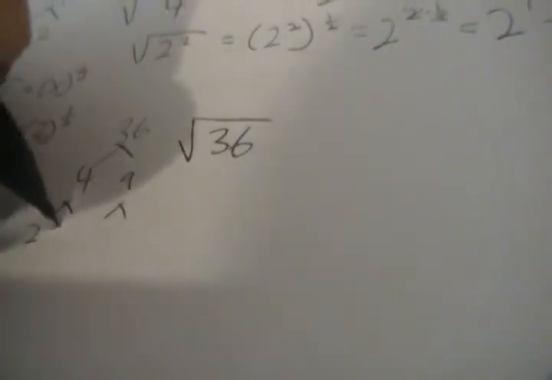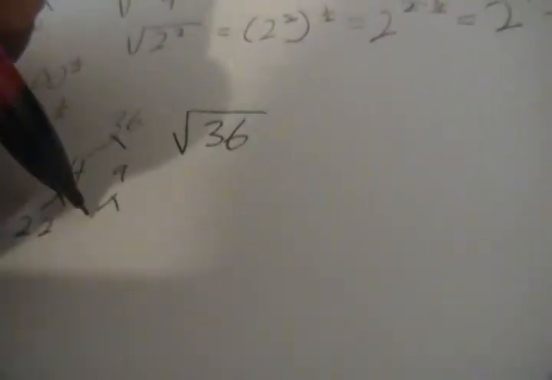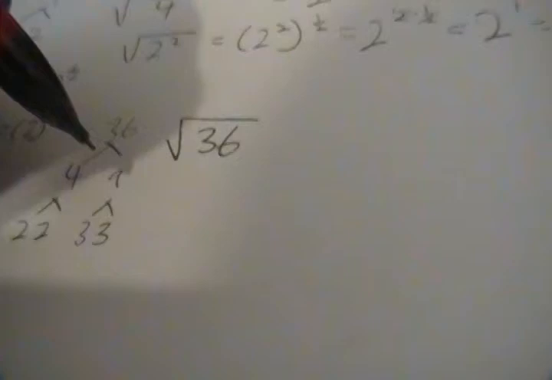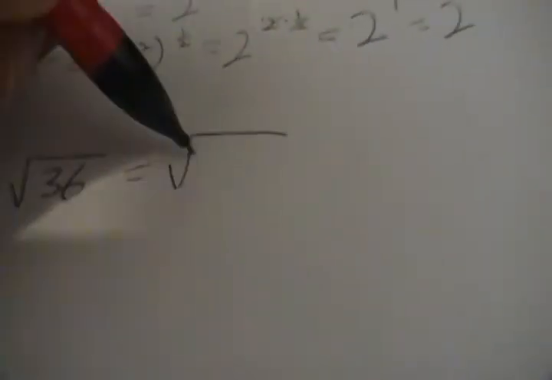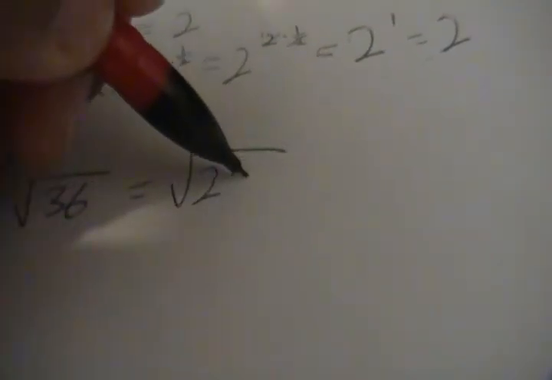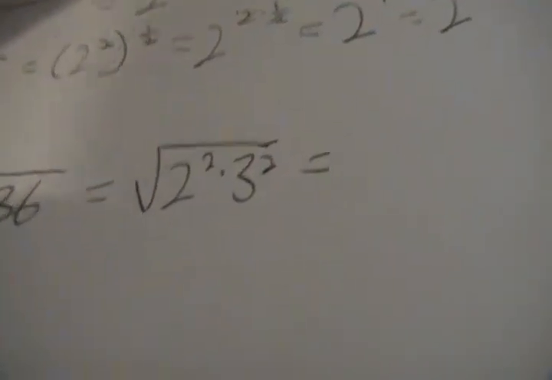Yes, we can. 4 turns to 2 times 2. 9 turns to 3 times 3. So we have the square root of 2 squared times 3 squared.